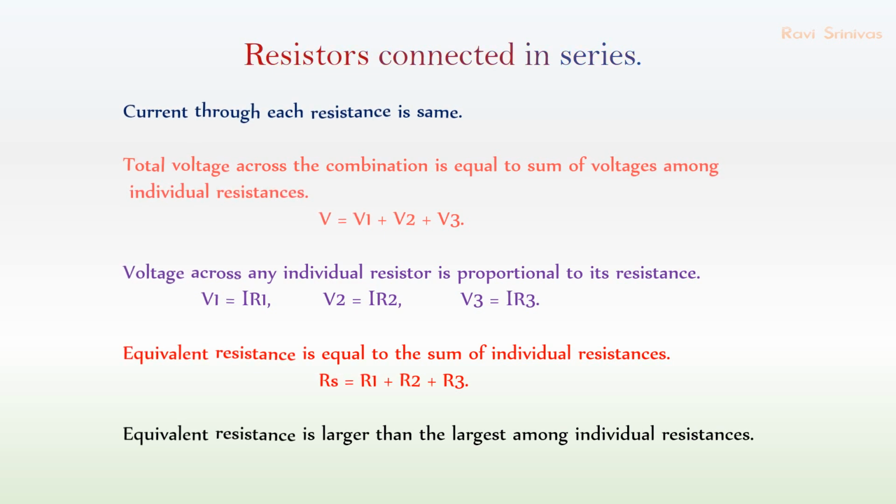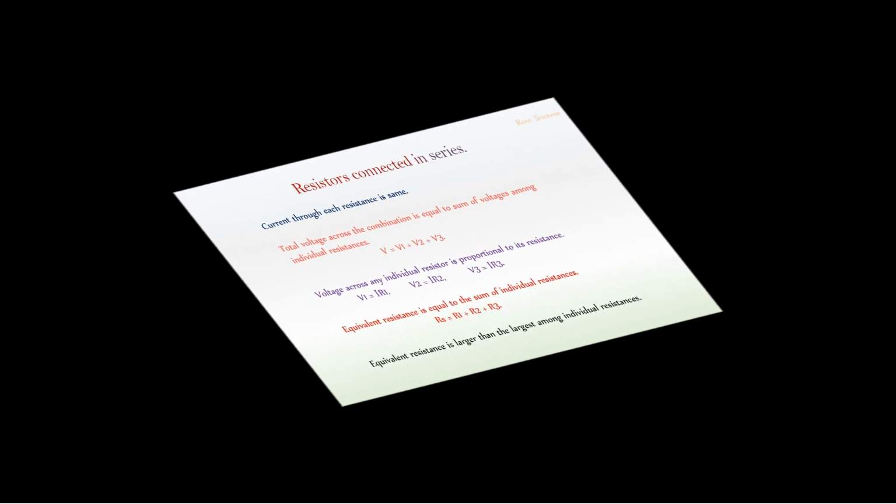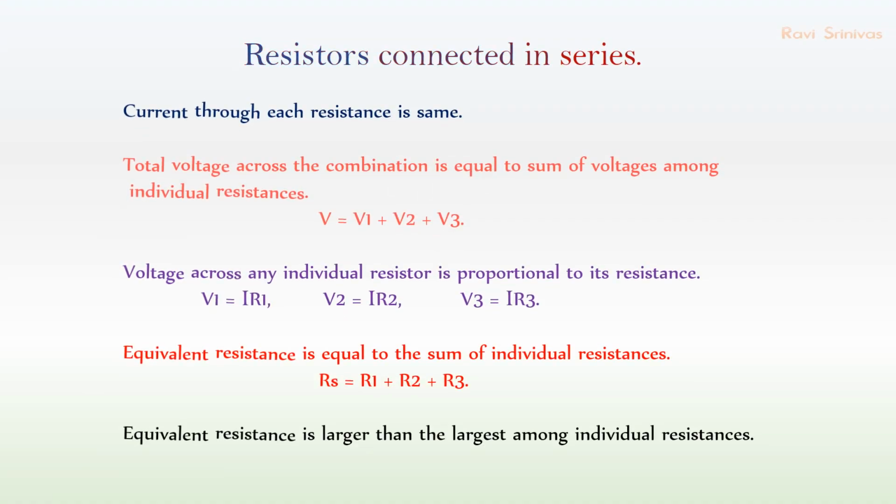Equivalent resistance for series combination will be equal to the sum of individual resistances. Rs equal to R1 plus R2 plus R3.